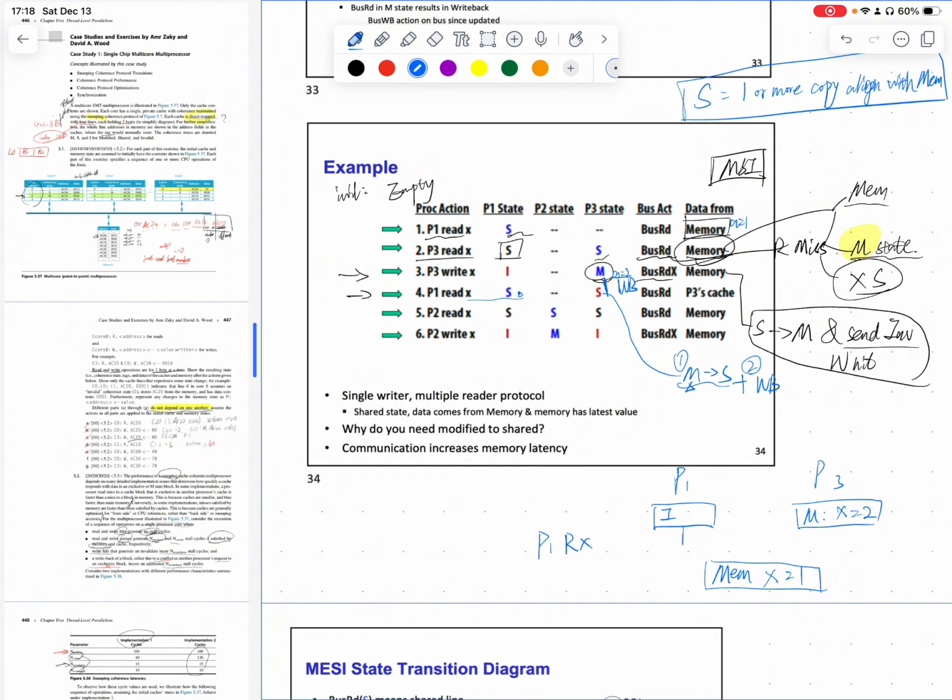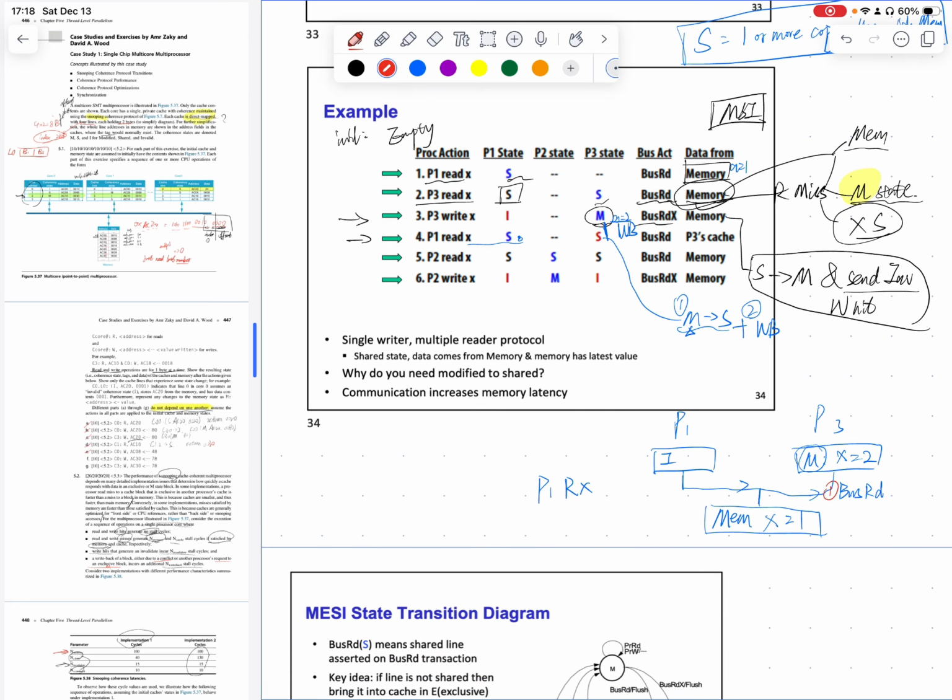So firstly, there is a bus, right? The bus will say, okay, I want to read. And then what happens next? I will capture that someone is modifying. So first is the bus read.